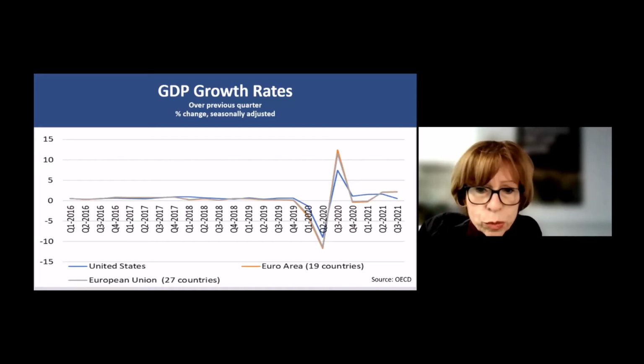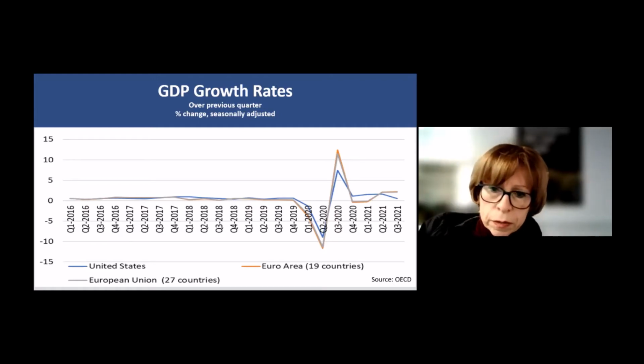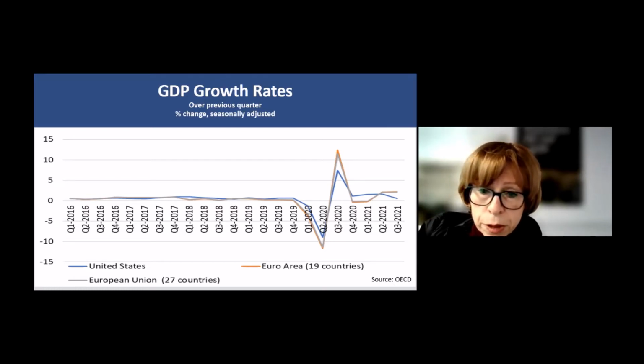So the growth rates were not that different, not very strong. They were pretty flat, if you will. And then COVID hit, and you can see the big contraction in all three areas. The EA and the EU contracted a little bit sooner than the US because lockdowns happened earlier in those regions.